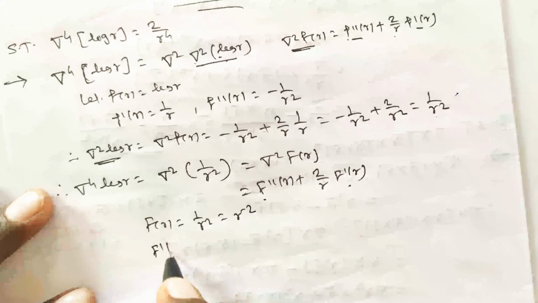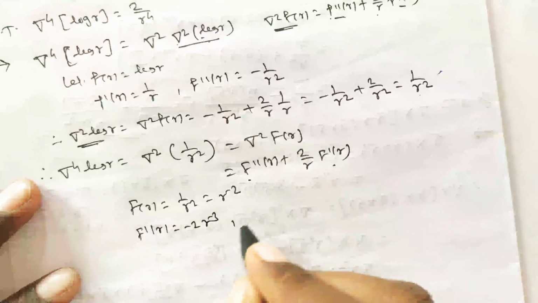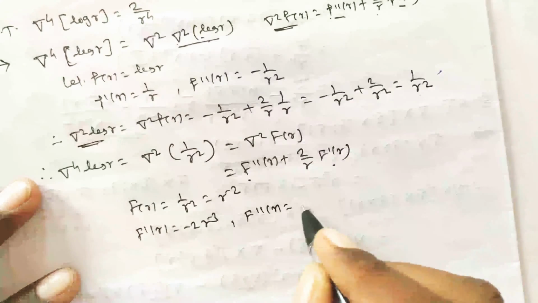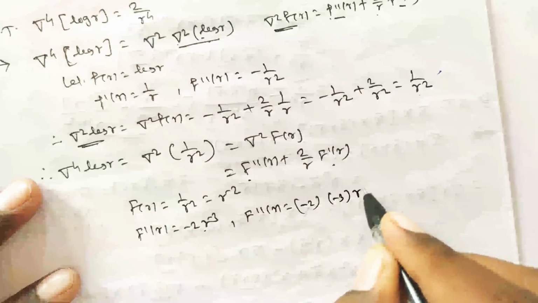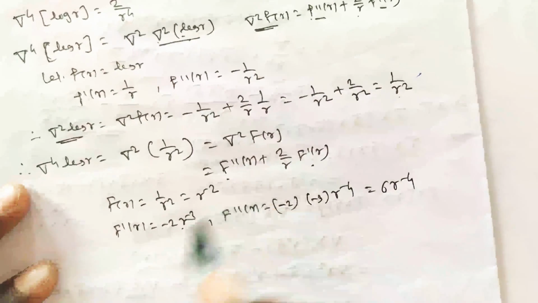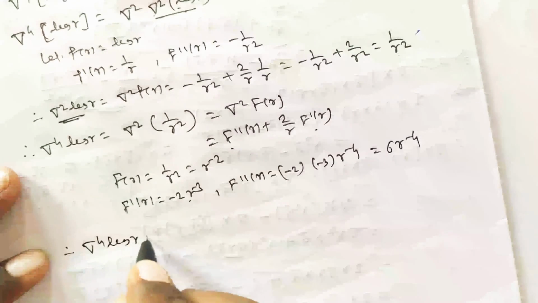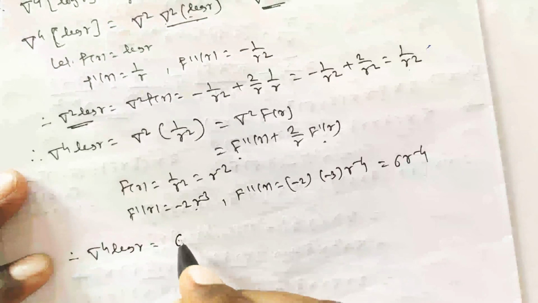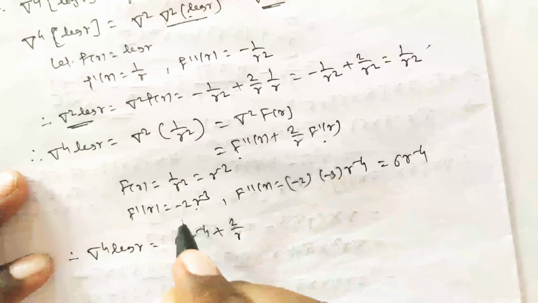Capital F of r is 1 upon r square, means r raised to minus 2. So if you take the derivative, then f dash of r is minus 2 r raised to minus 3, and f double dash of r is the derivative of r raised to minus 3, with this minus 2 as it is. The derivative of r raised to minus 3 is minus 3 r raised to minus 4, that is equal to 6 into r raised to minus 4. Put here, and therefore del raised to 4 of log r is equal to f double dash of r, that is 6 r raised to minus 4, plus 2 by r into f dash of r.